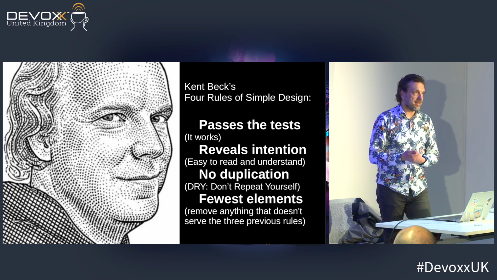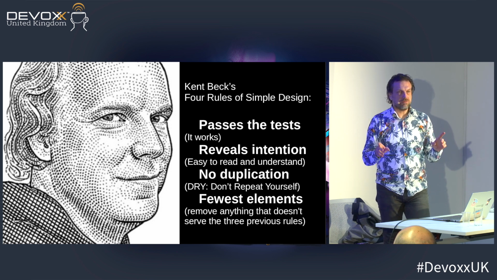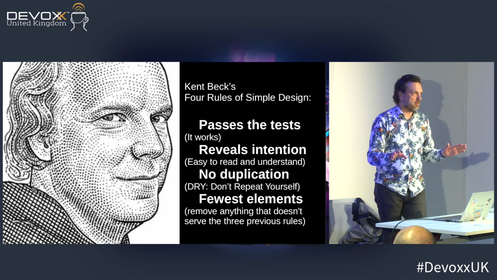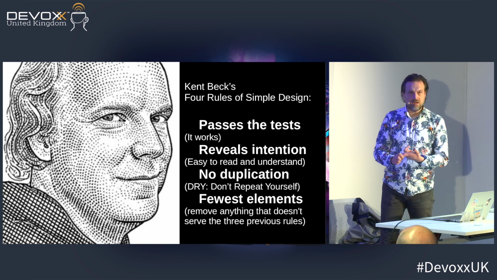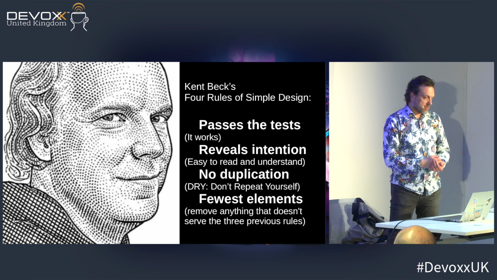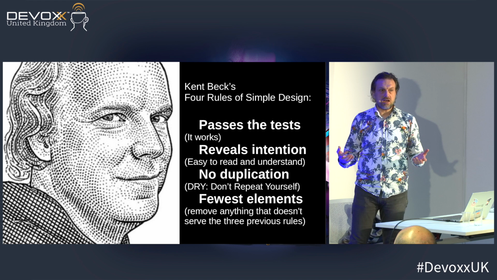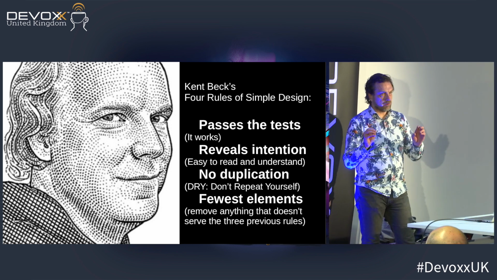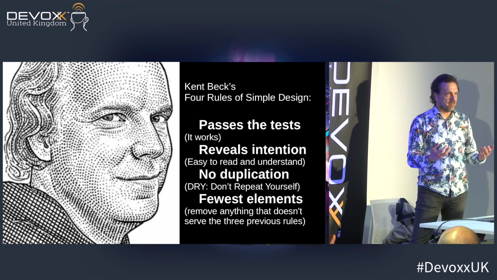The code should pass the tests, because if you are not proving that your code is working, you have a bigger problem. You shouldn't worry about quality first. First make it work, and be able to prove that it works. The second point is reveal intention, because when you read our code, you should be able to understand who wrote that code, what they were thinking about, what they were trying to do. That is important.